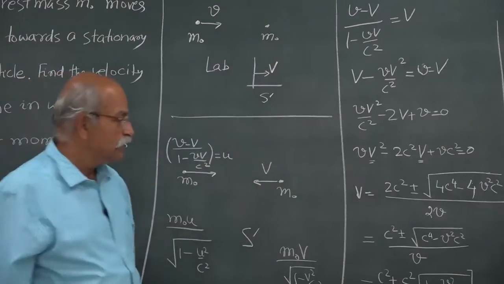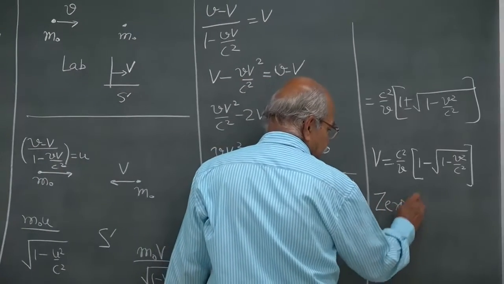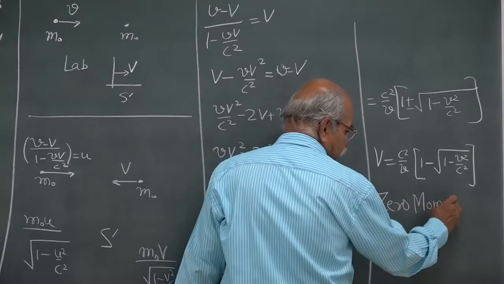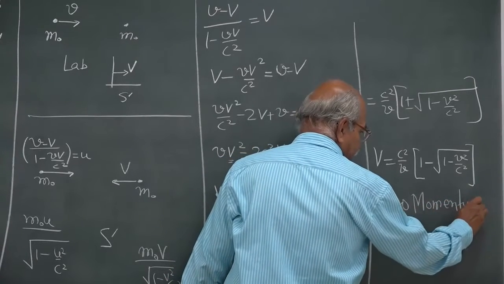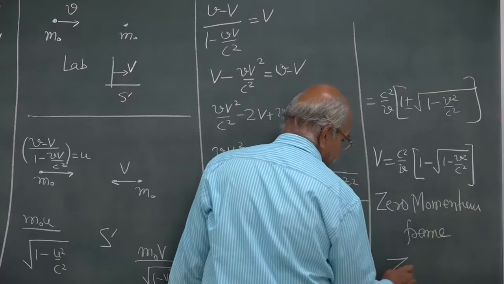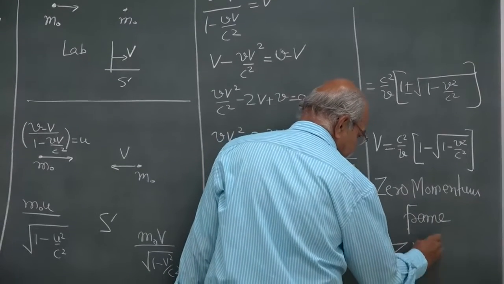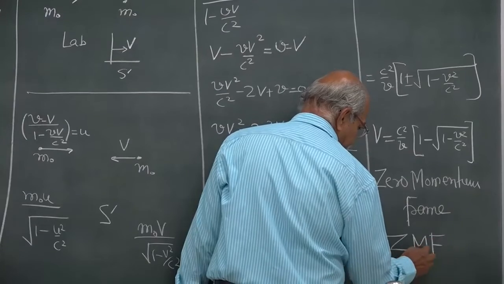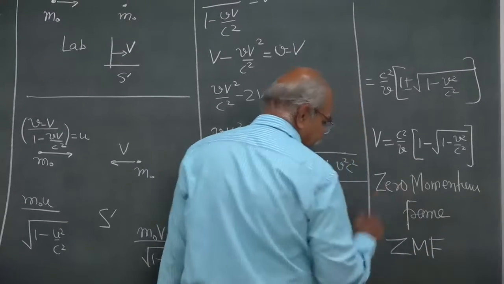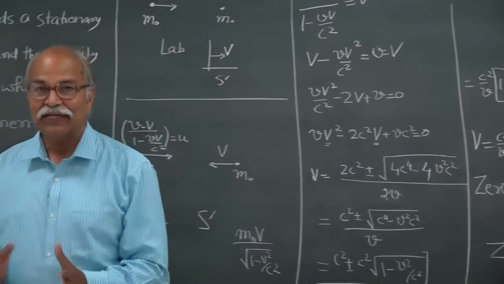But now it is this, we call it zero momentum frame. I will often use this, so let me abbreviate it ZMF, zero momentum frame. In this frame the total momentum is 0.